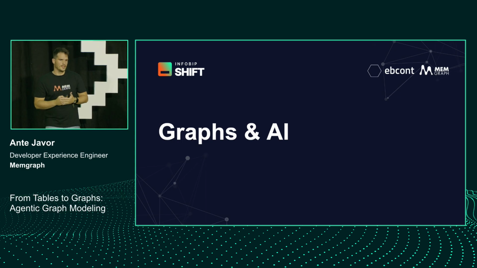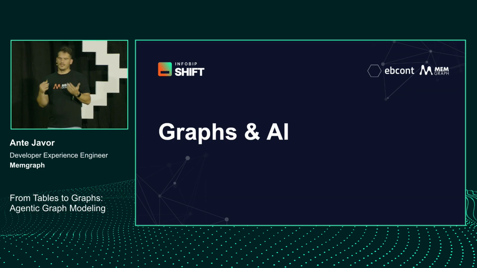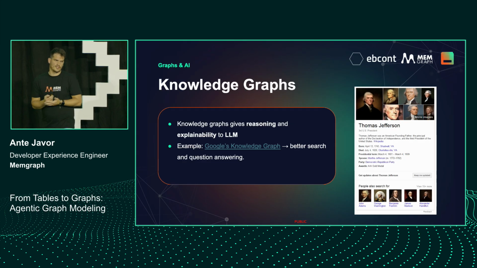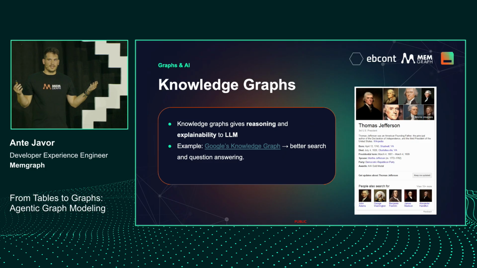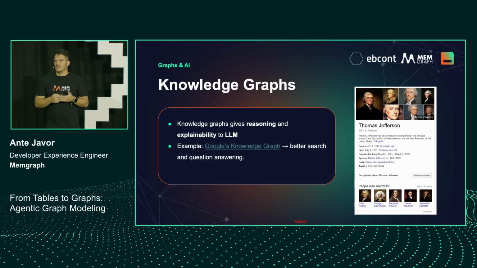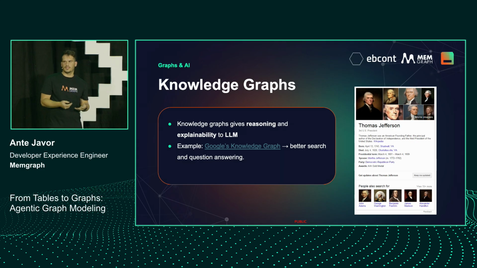What we noticed recently is how the whole AI domain is rising, and people have problems with context and how to solve different problems with LLMs. A lot of companies started building something called knowledge graphs. A knowledge graph is essentially when you take a bunch of your organizational data, your operational data, and mix it in one single graph that represents your company.